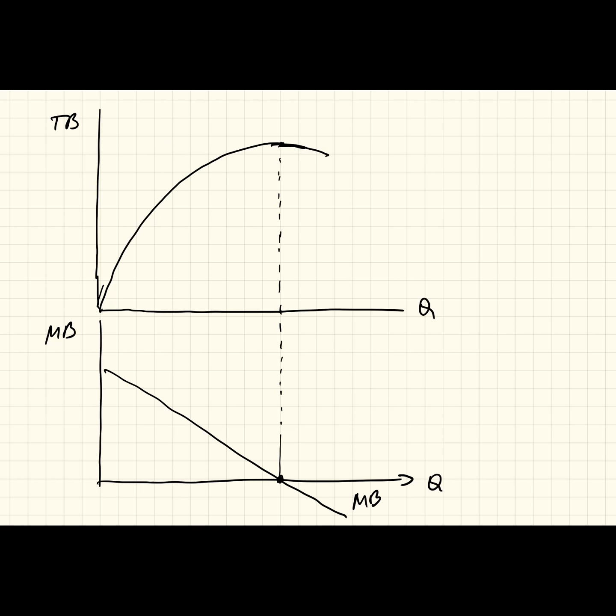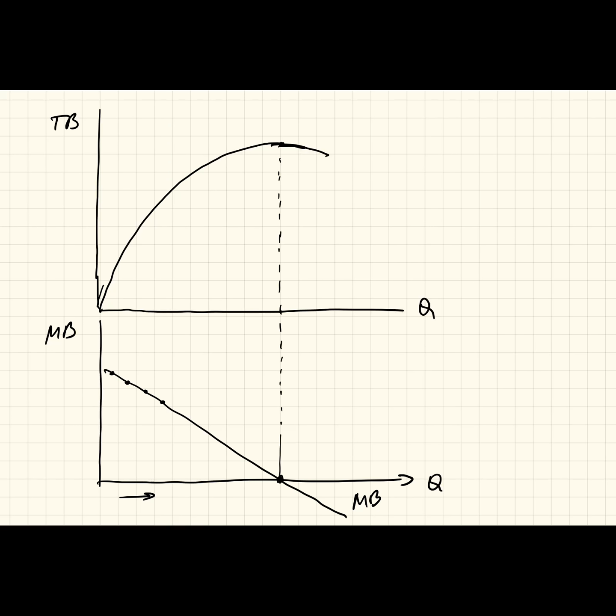All right, so as you increase consumption of a good, whatever good we're looking at here, Q is quantity. As you increase consumption, having more of the stuff, each additional unit benefits you, right? But its benefit from each unit goes down.